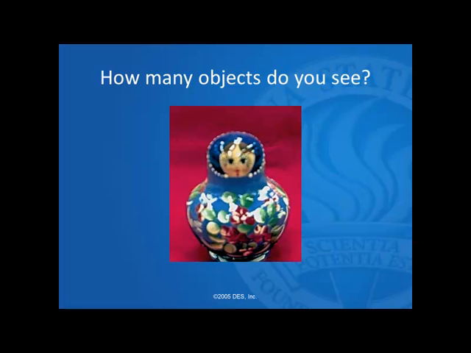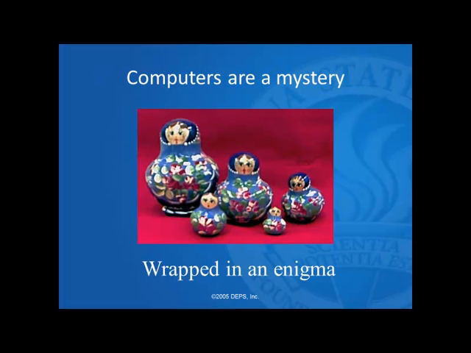Most of you have seen what is commonly known as a Matryoshka doll, very common in Russia and some of the Middle Eastern countries. Those of you that have seen them know that it is this external doll that very often contains other dolls. Thus we see it deconstructed, if you will. Well, computers are a little bit like that as well.